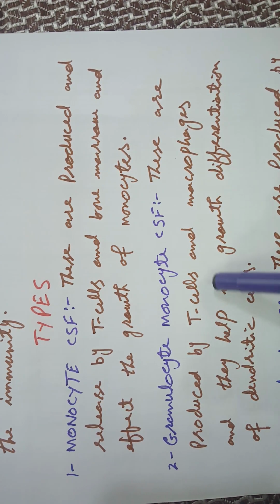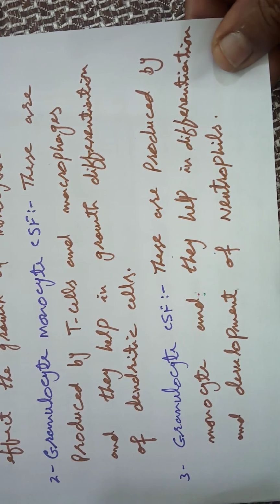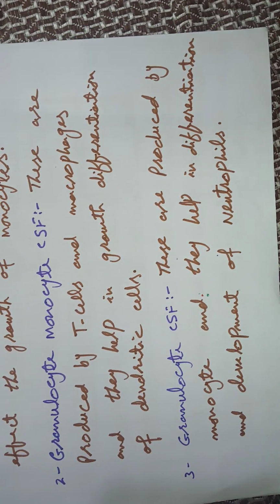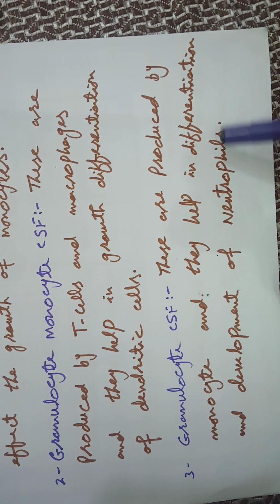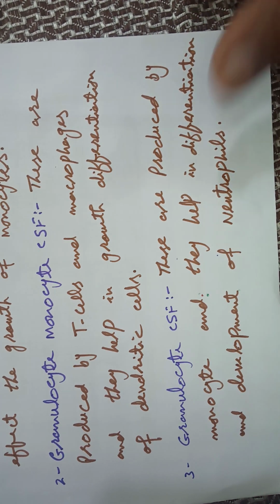These are produced by T cells and macrophages and they help in growth and differentiation of dendritic cells. Number three, granulocyte colony stimulating factor. These are produced by monocytes and they help in differentiation and development of neutrophils.